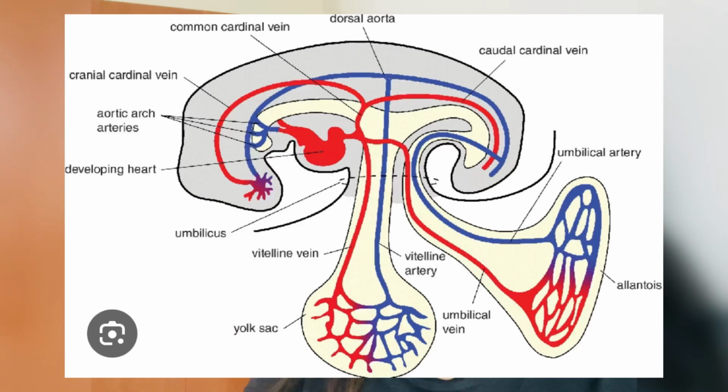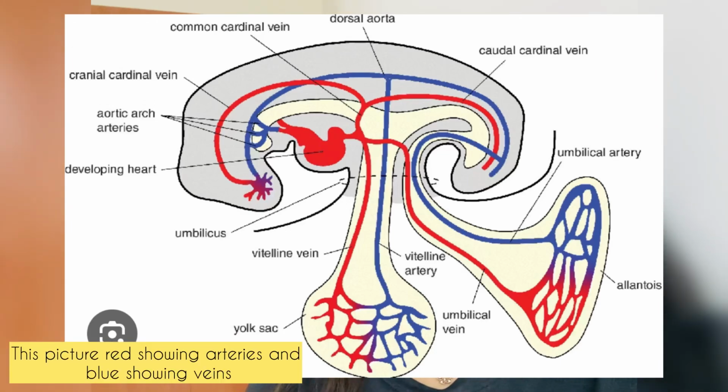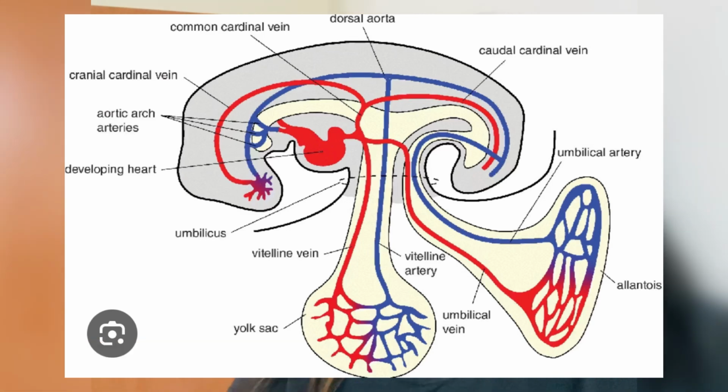In a developing fetus, there will be arteries and veins. As you know, veins carry deoxygenated blood, and arteries carry oxygenated blood. There will be the umbilical vein, cardinal vein, and vitelline vein. These are the 3 sets of veins which drain blood into the fetus.